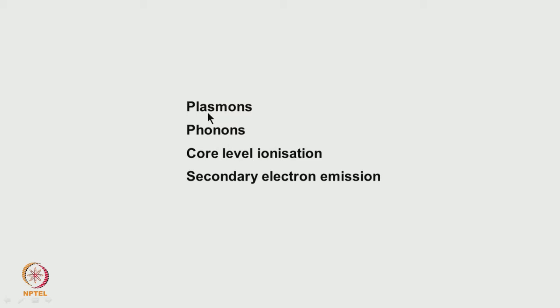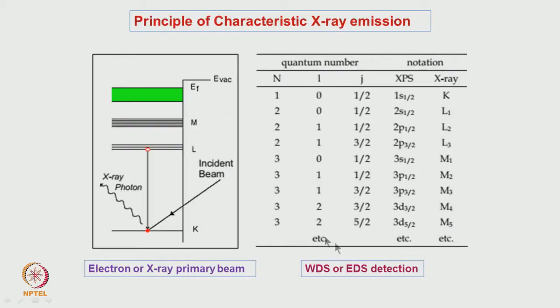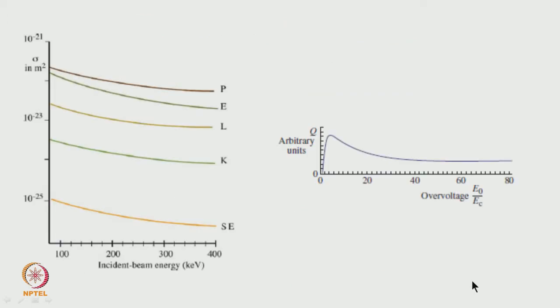Let us look at the cross section for these various reactions. Here the cross section is given in meter squared. We discussed cross section in some of the earlier classes when we talked about the atomic scattering factor.